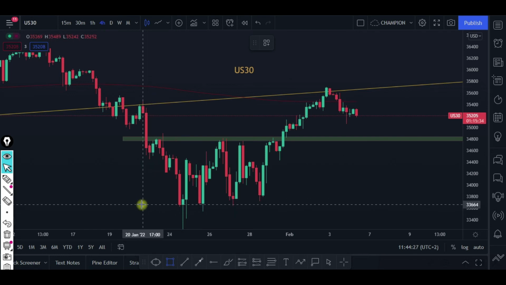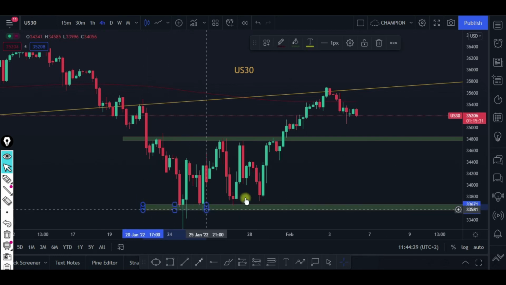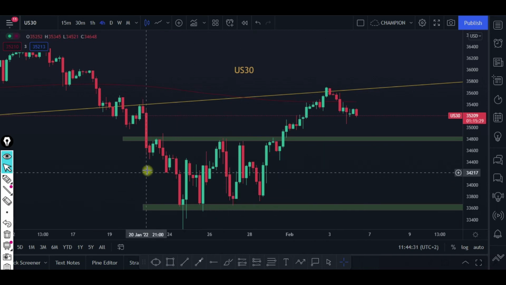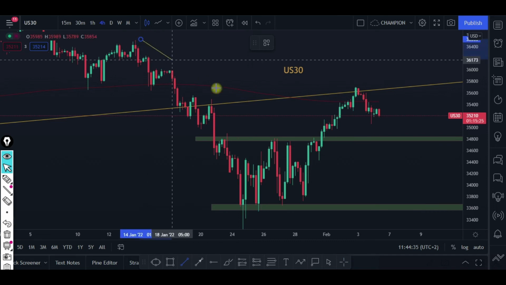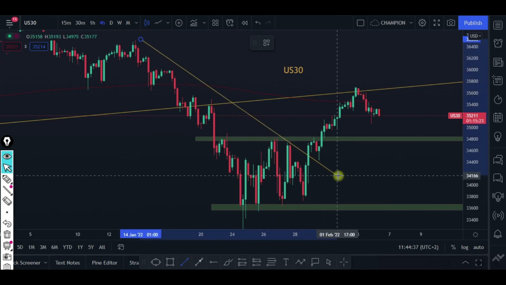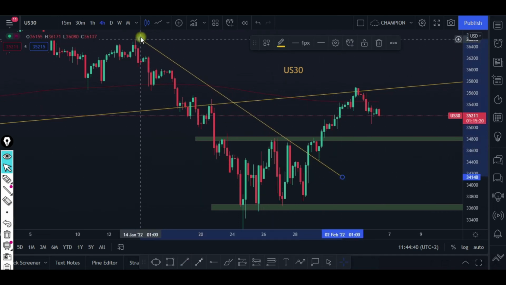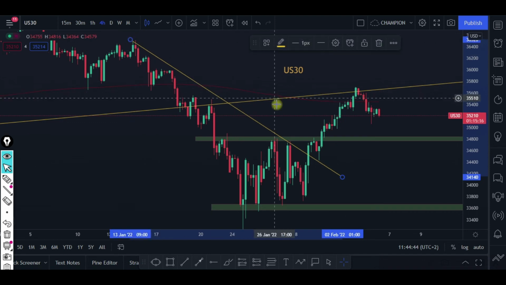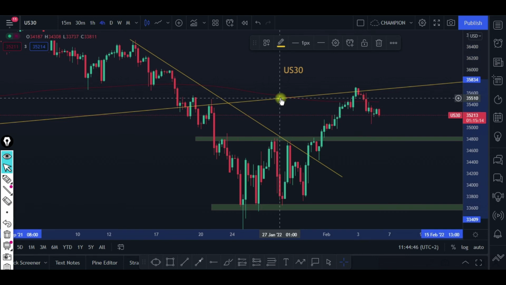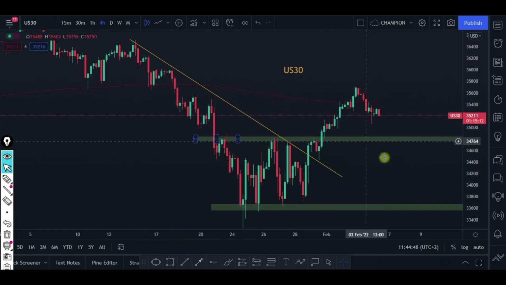The price was respecting this area right here. I guess you can tell that we had what we call a diagonal resistance. This is almost the same thing as NASDAQ 100.